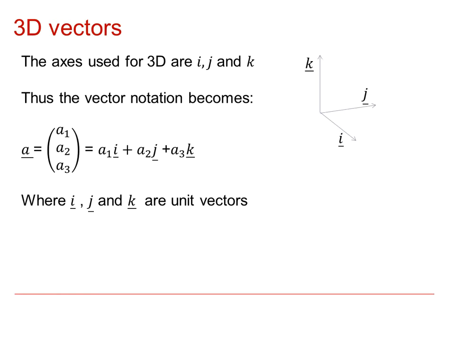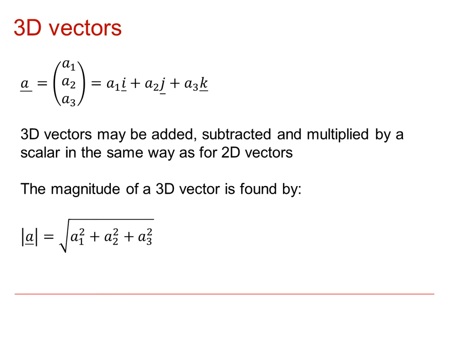And so we just end up with three components, a1, a2 and a3 in the unit vector directions i, j and k. The length of the vector is found in the same way. It's just an extension of Pythagoras' theorem into 3 dimensions, so we get the square root of a1 squared plus a2 squared plus a3 squared.